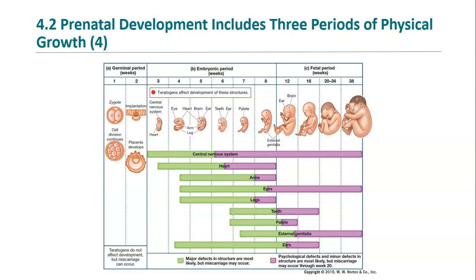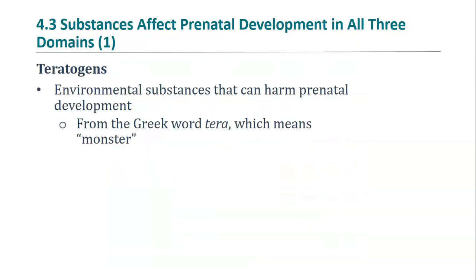Beginning with the embryonic period, teratogens can damage different structures or organ systems within the body, and the chart on the screen here lists some of these and the times at which they are most at risk.